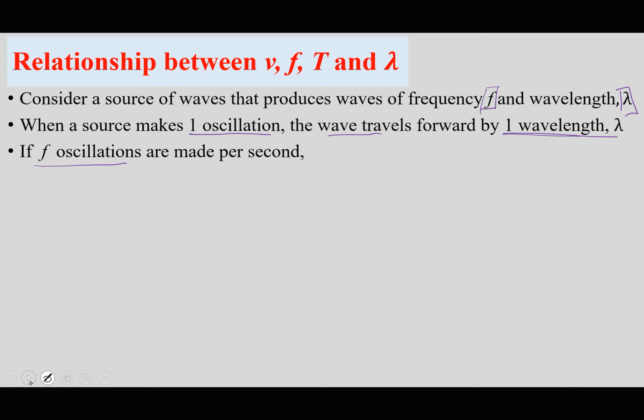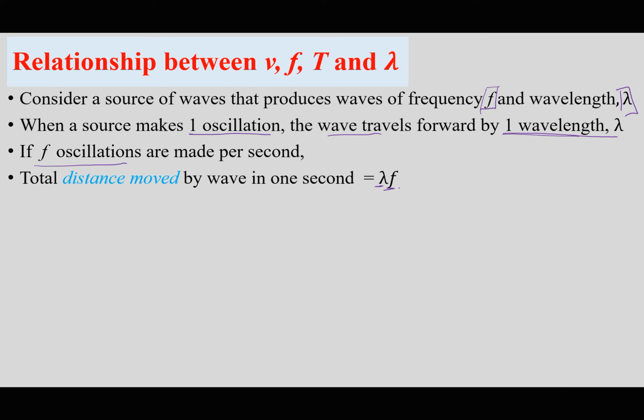So the total distance moved by the wave in 1 second is the distance moved by one oscillation times the number of oscillations, that is the wavelength times the number of wavelengths present. That is the total distance.